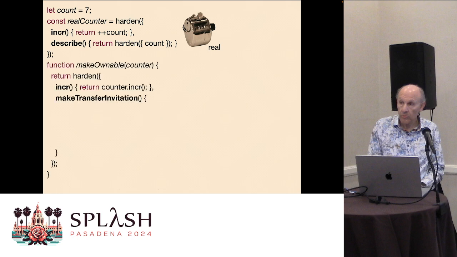To make it into an ownable, we wrap it using this make ownable function, where when you call make ownable with the real counter, it creates this new ownable counter that is a revocable forwarder, forwarding messages to the original counter. So in this case, it forwards the increment message, but instead of forwarding the describe message as well, it provides its own make transfer invitation method that's purely there in the ownable counter.